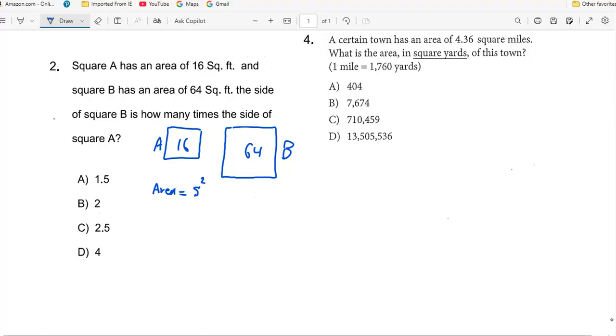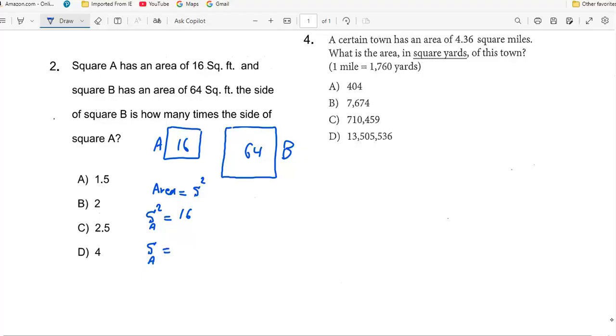So the side squared of square A equals 16. So how much is the side of square A? You take the square root of both sides. So the side of square A equals the square root of 16, positive or negative.